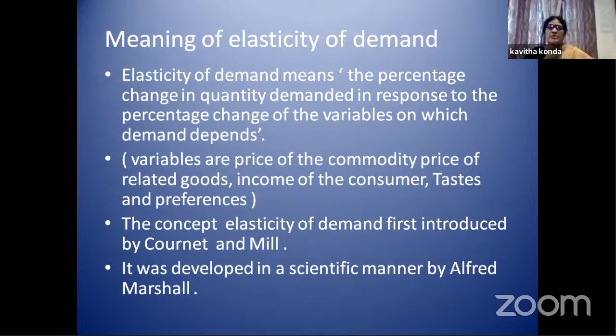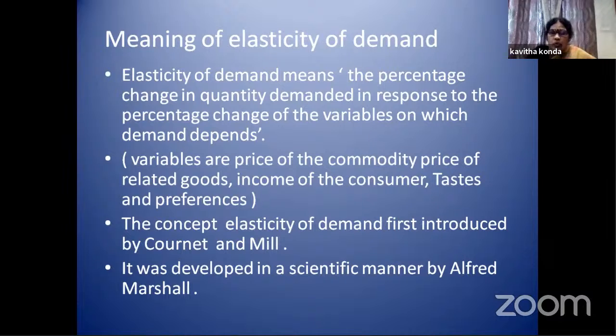Means here the responsiveness of the demand with the change in the price can be studied in the elasticity of demand. So elasticity of demand means the percentage change in the quantity demanded in response to the percentage change in the variables on which demand depends, like the prices, relative prices, income, taste, and preferences.